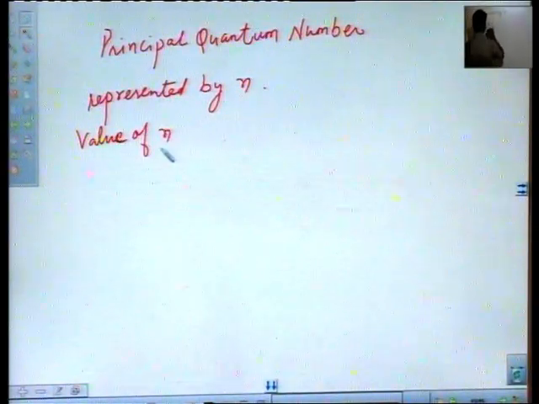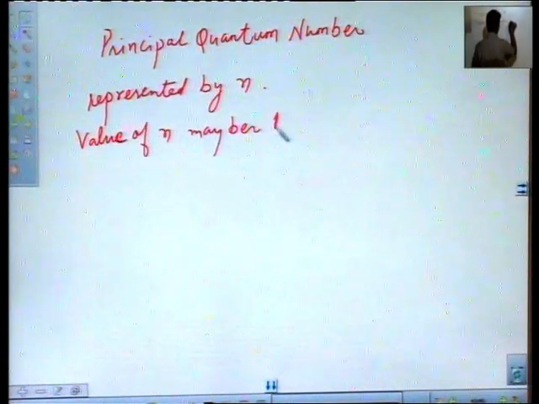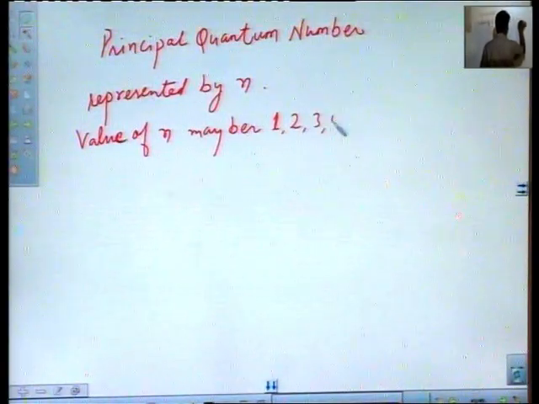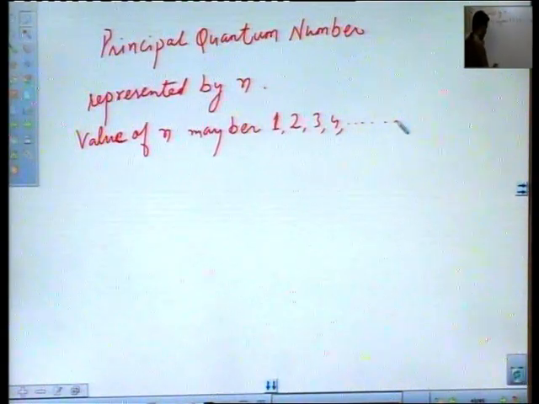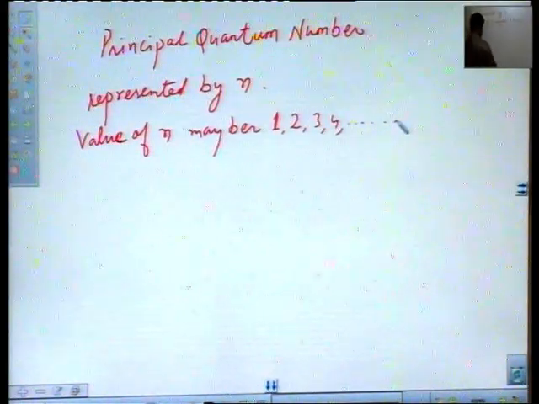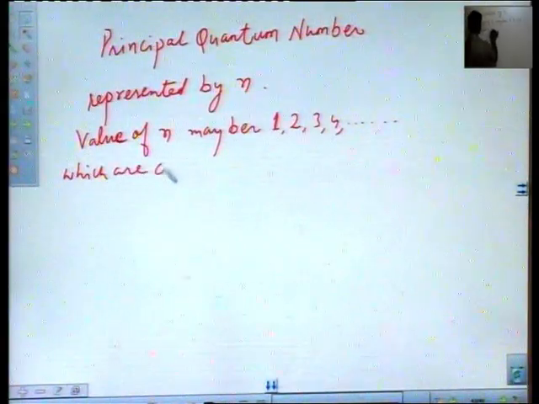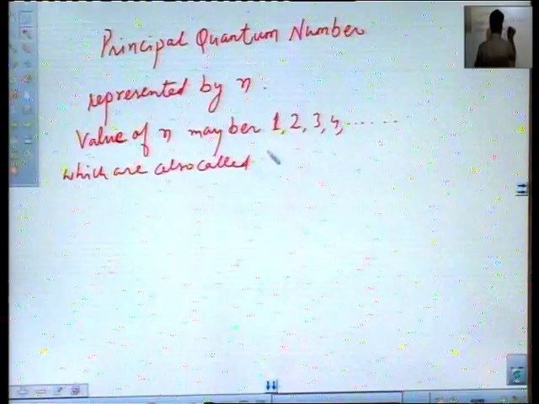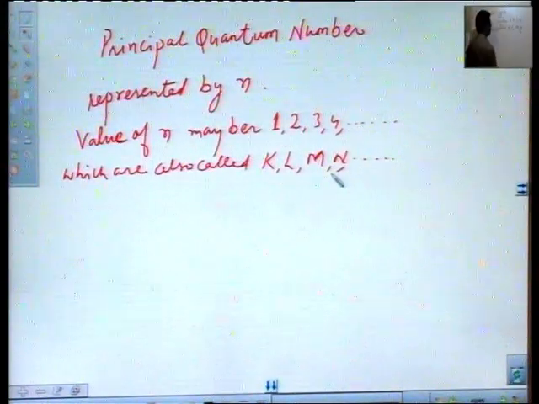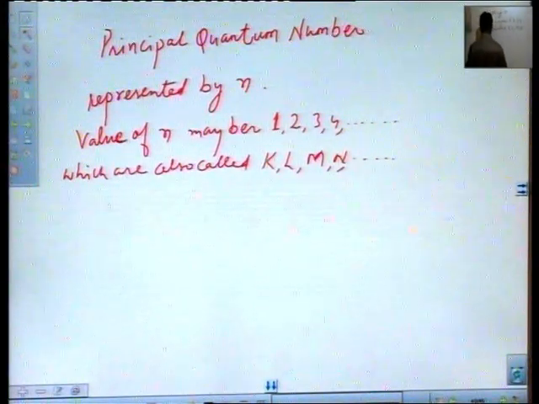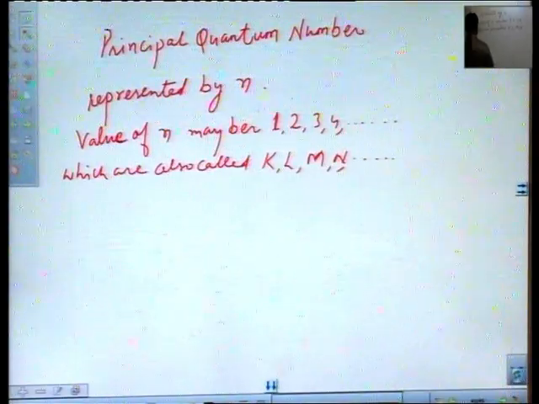The value of n may be 1, 2, 3, 4 and so on, which are also called K, L, M, N and so on. This quantum number determines the average distance of the electron from the center of the nucleus.